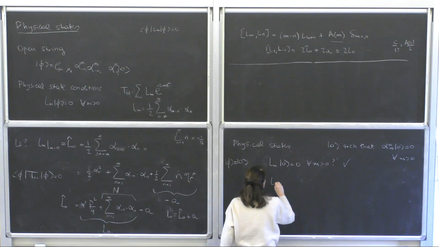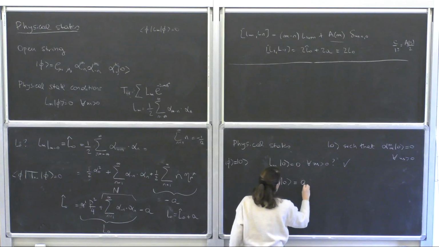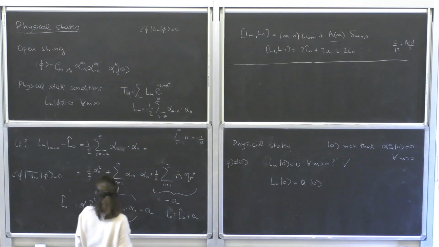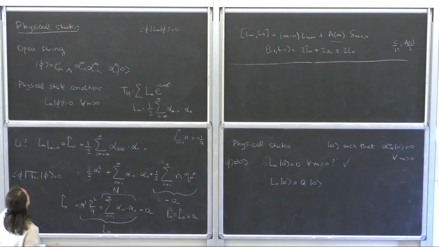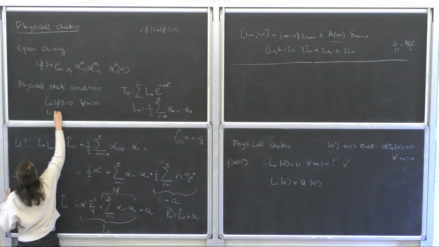And now I want to require the condition L0 on 0 equals A, so L0 phi equals A phi. That, of course, I erased, so it was the other physical state condition.